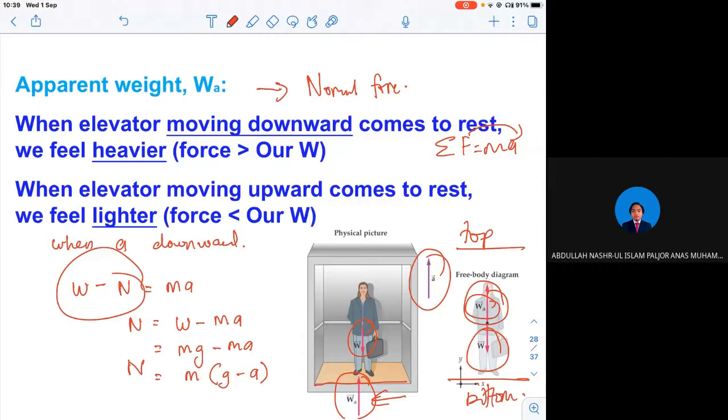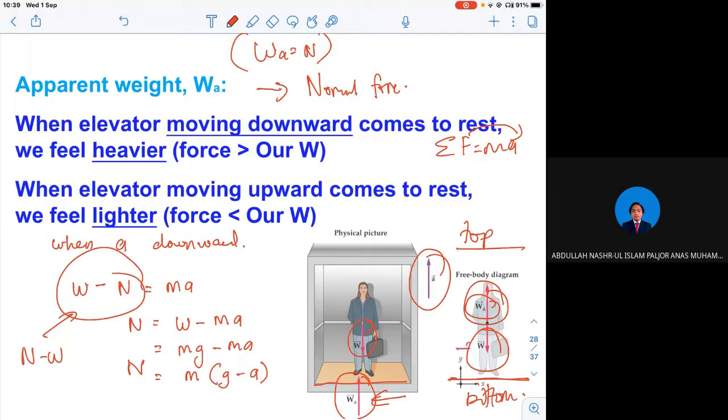In my case, I'm using N as the normal force, so when the acceleration is going upward, I will use N minus W. N minus W equivalent to MA. When the acceleration is going downward, then who should reach the bottom first?